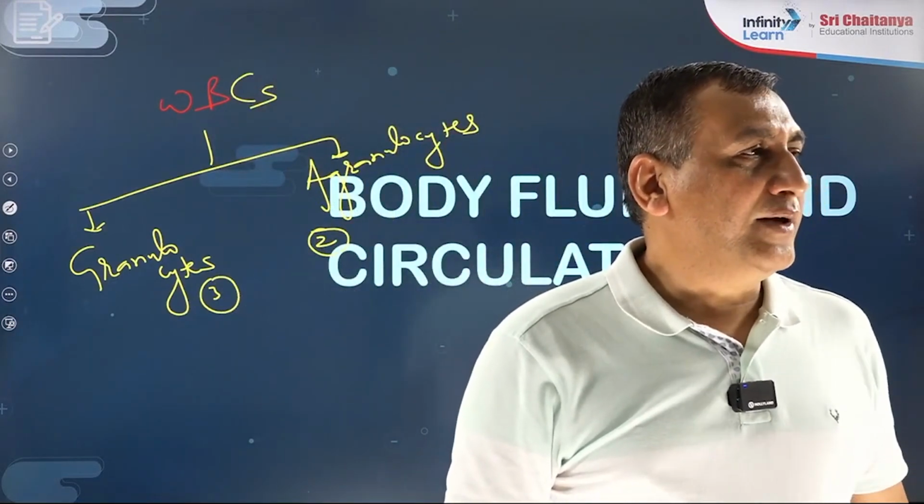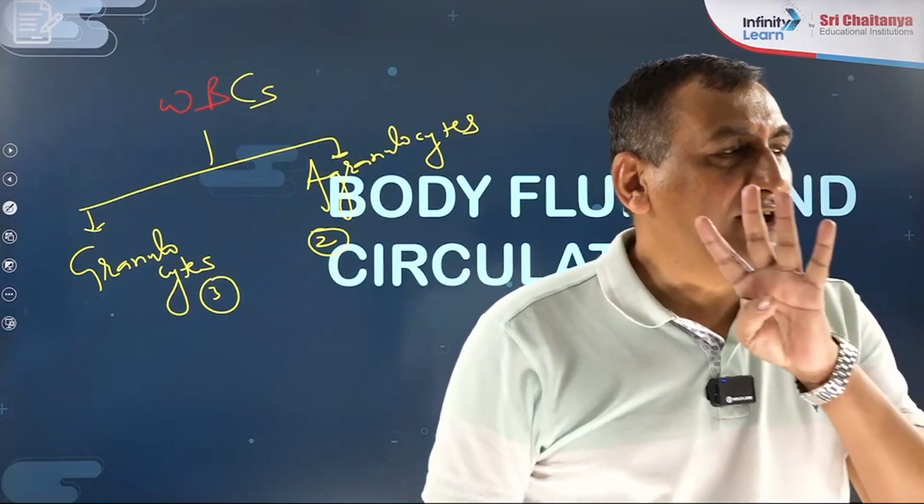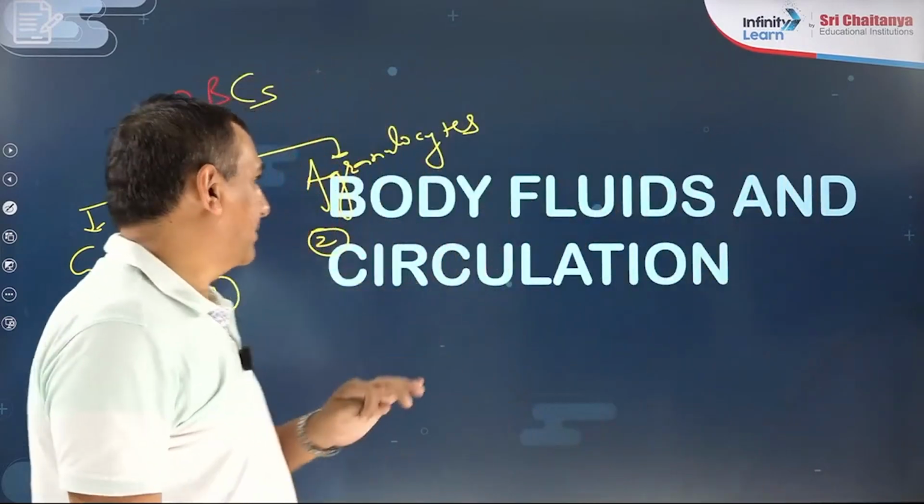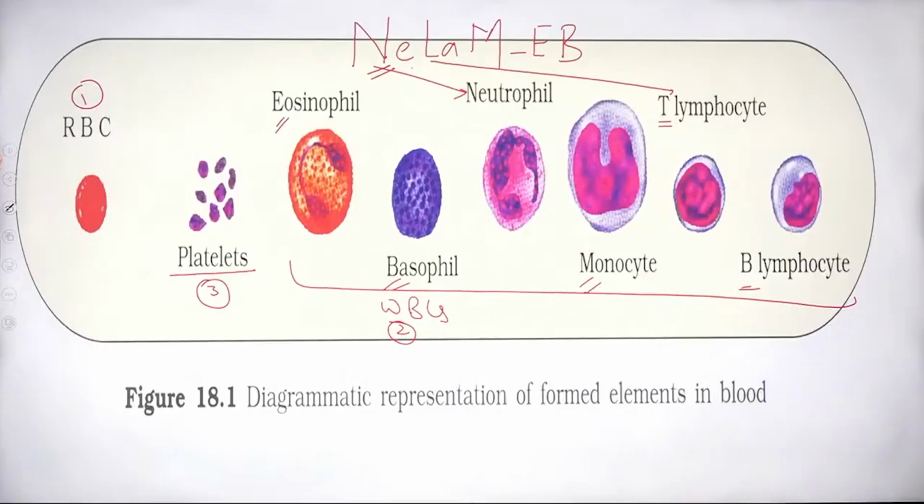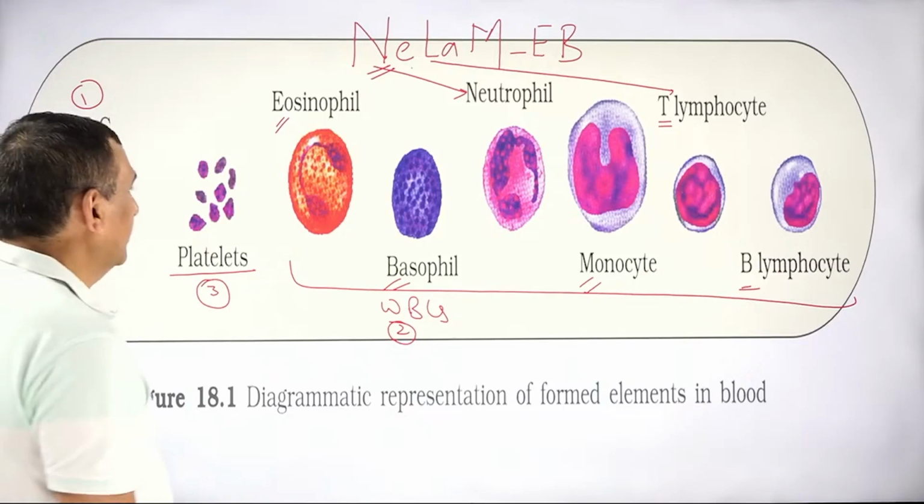Yes. Anyone say, what are the 3 different types of granulocyte? Out of these 5, find out the granulocytes. They are having the granules. Say me, anyone will say, one is the acidophil.